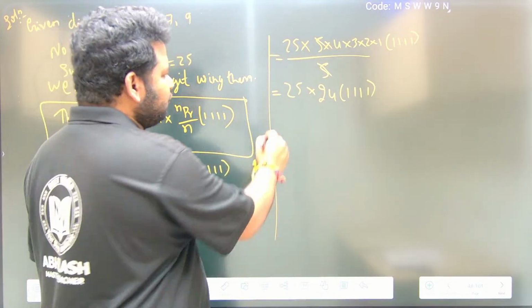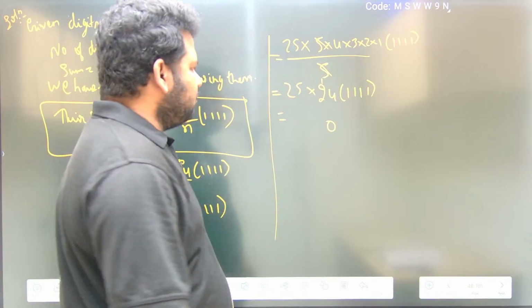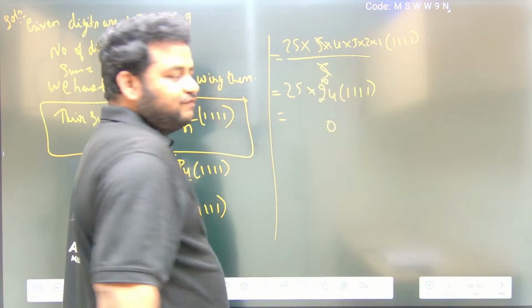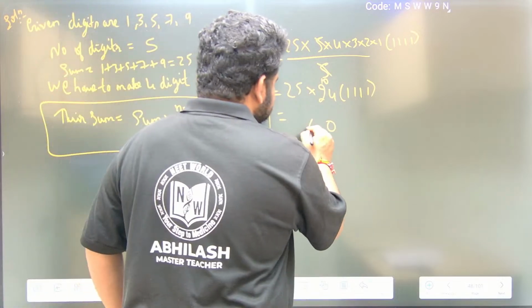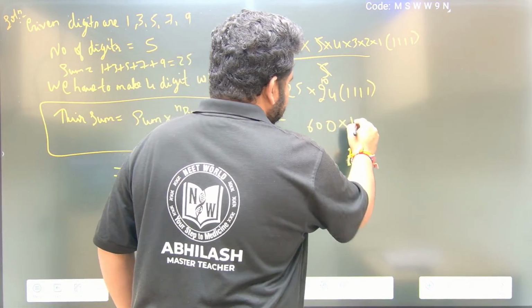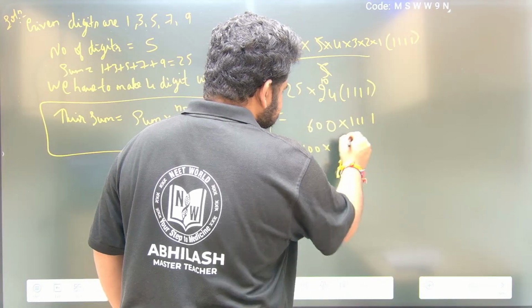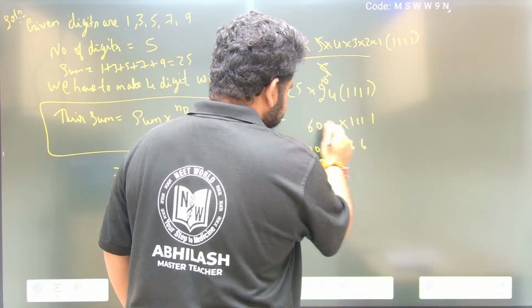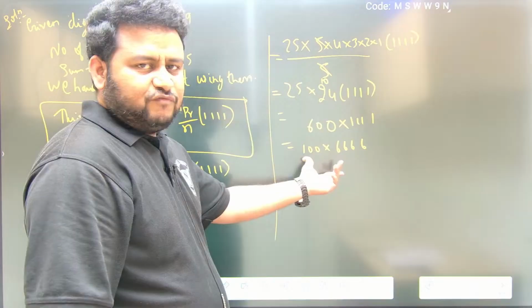Now 25 into 24 is what? 25 into 4 is 100. 25 into 20 is 500. So 25 into 24 is 600. Then I can multiply by 1, 1, 1, 1, which is 1111.